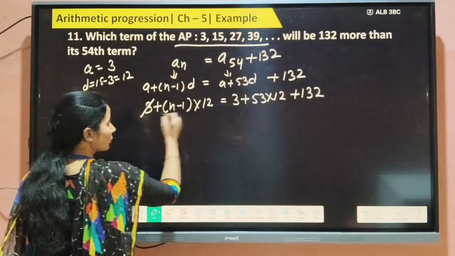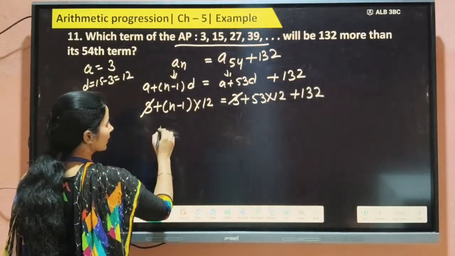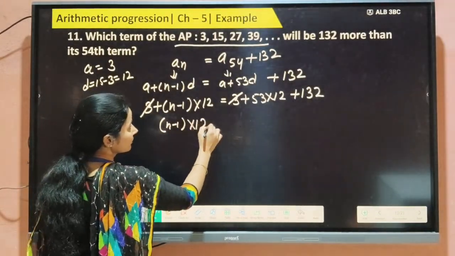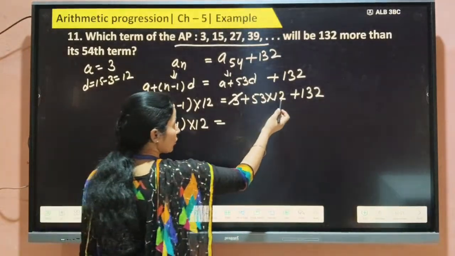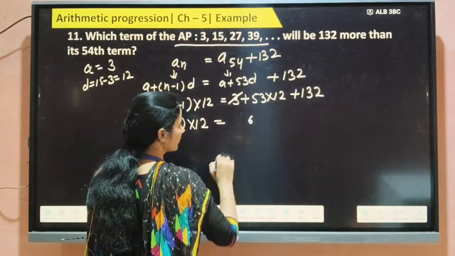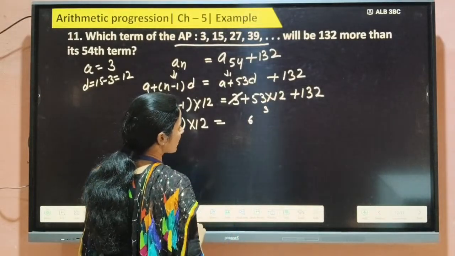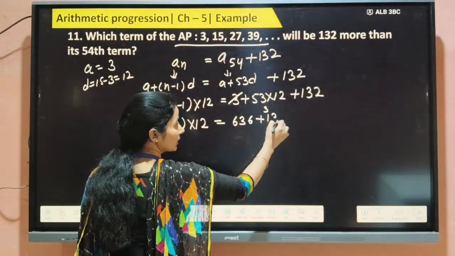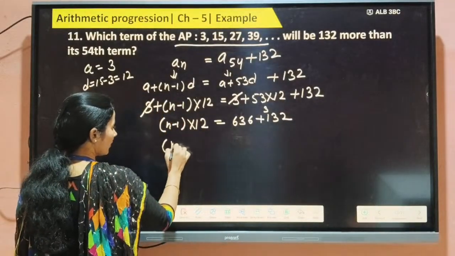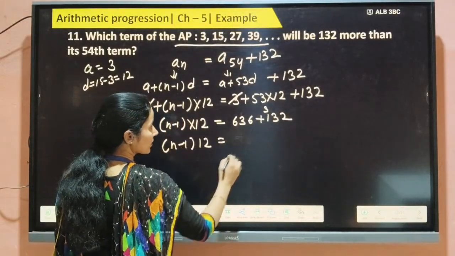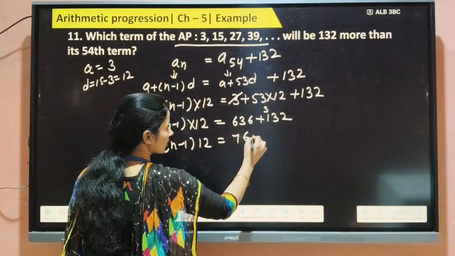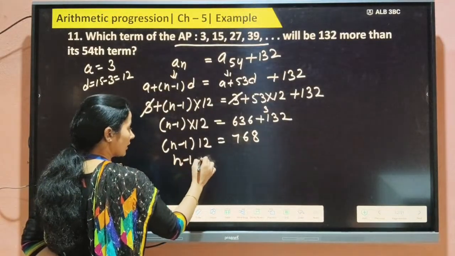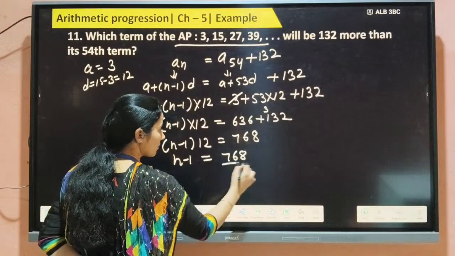This 3 and this 3 will be cancelled. There, n minus 1 into 12 equals 53 times 12: 12 threes are 36, 12 fives are 60, so it will be 636 plus 132, which is 768. n minus 1 equals 768 by 12.